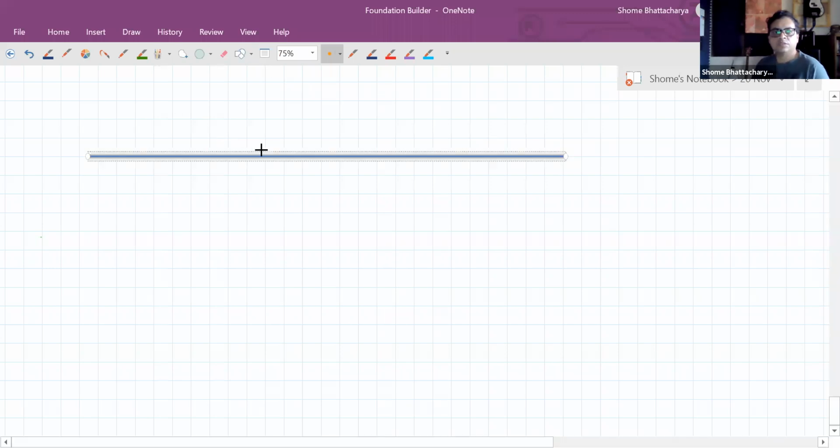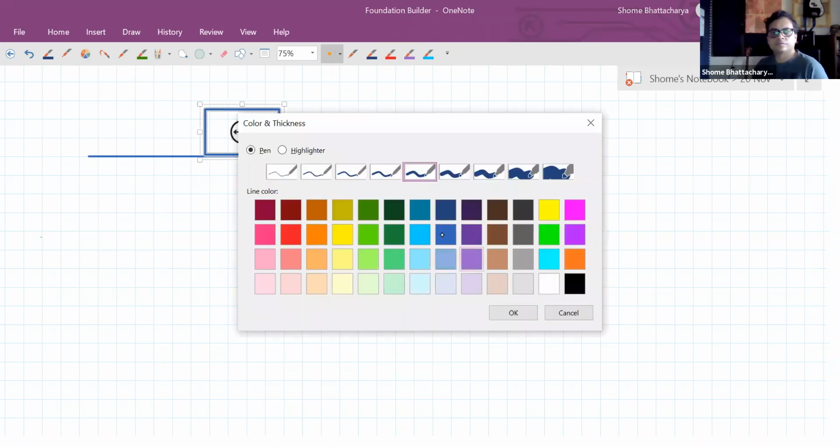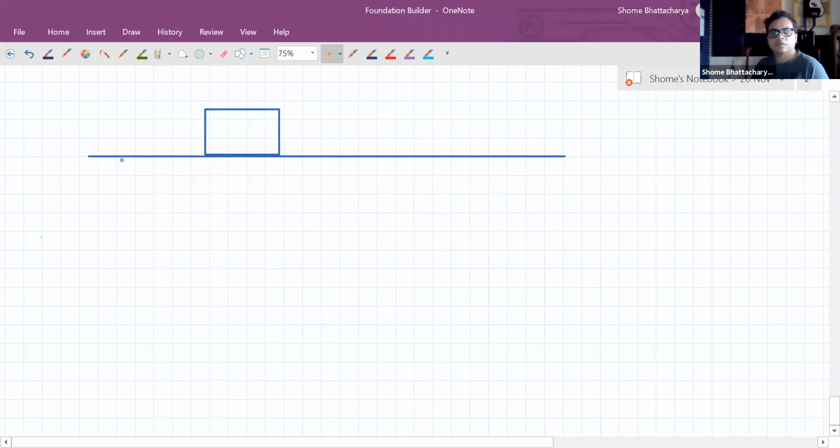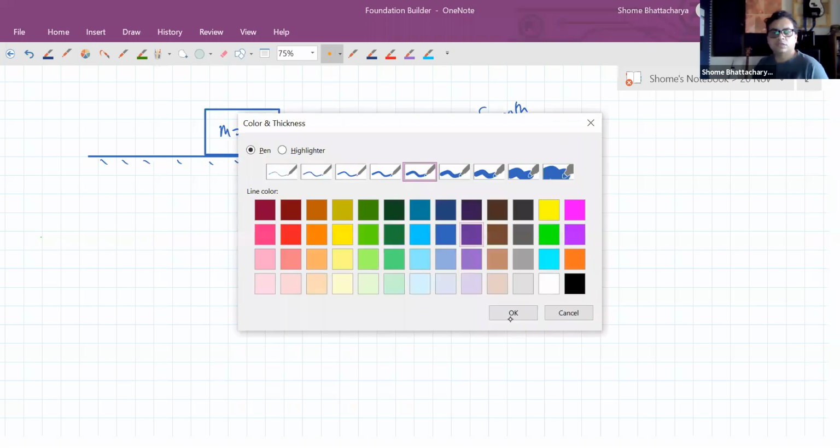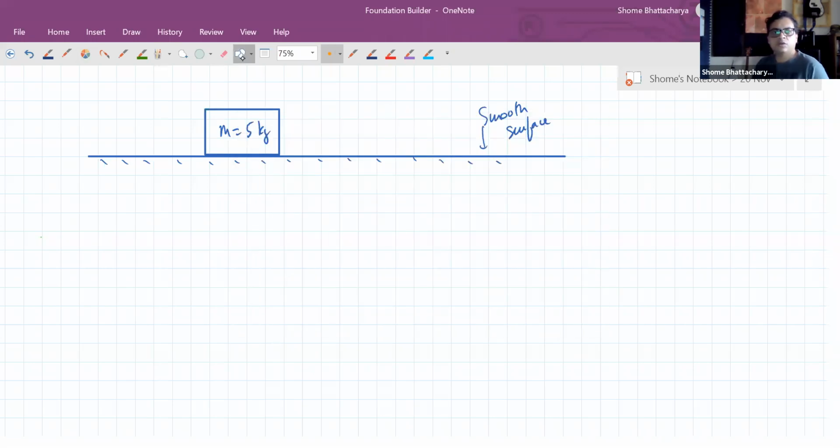So similar kind of situation. Smooth horizontal surface. The block is of mass 5 kilograms, but this time we are applying two forces on it. The block is initially at rest, and we start applying two forces.